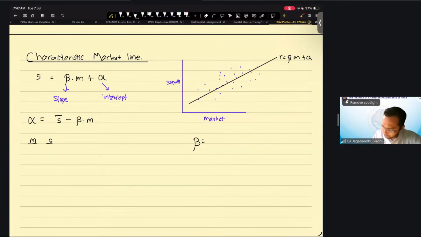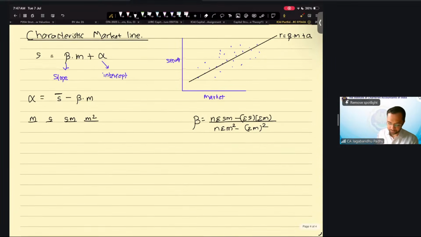Beta will be calculated as N summation of S into M minus summation S into summation M, whole divided by N summation M square minus summation M, the whole square. You have market and you have securities, so you need to calculate S into M and M square.